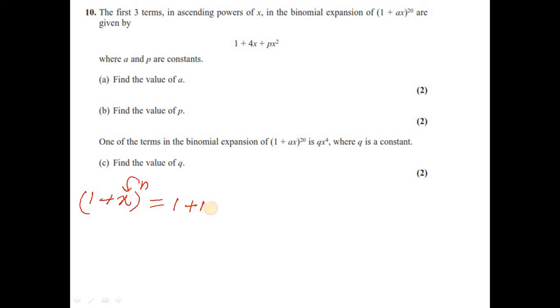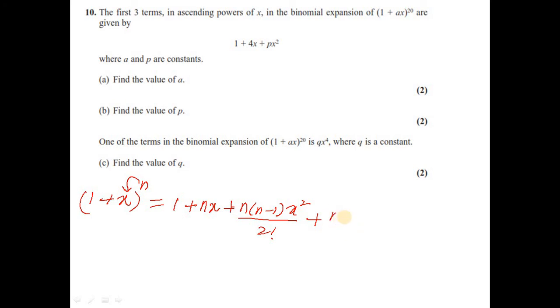So 1 + nx + n(n − 1)x²/2 factorial, plus you follow the same pattern. At the second term you had n, and then it becomes n − 1 and x².